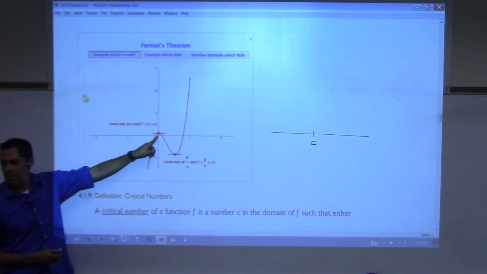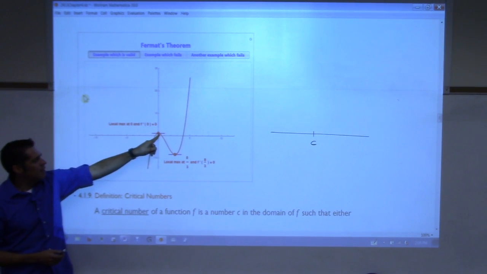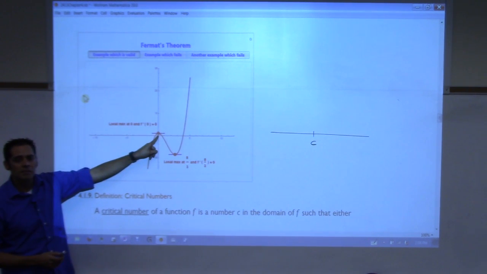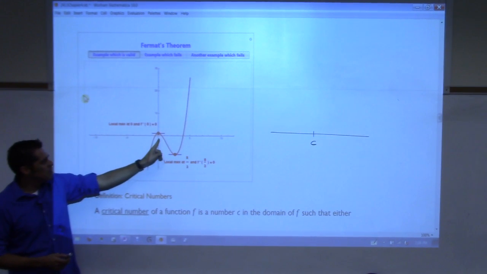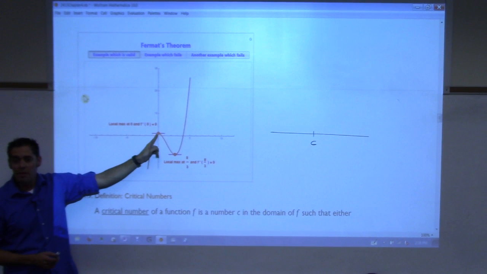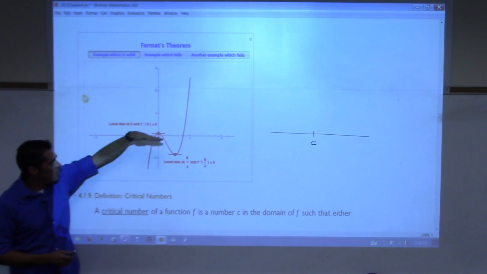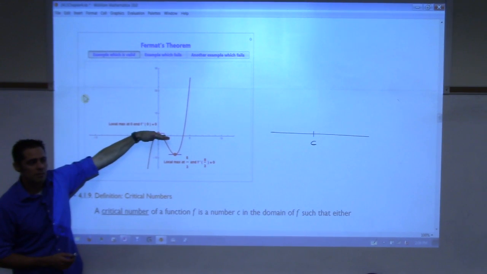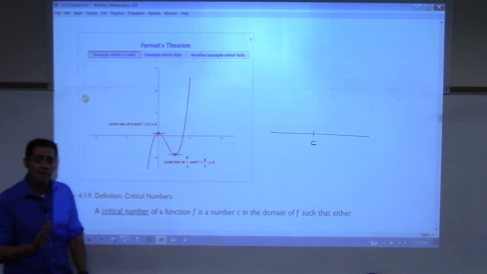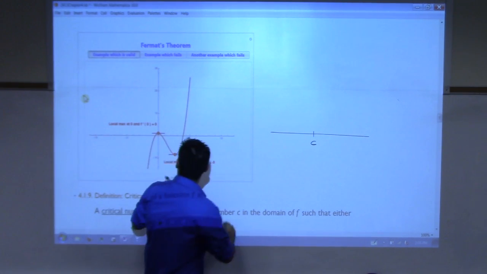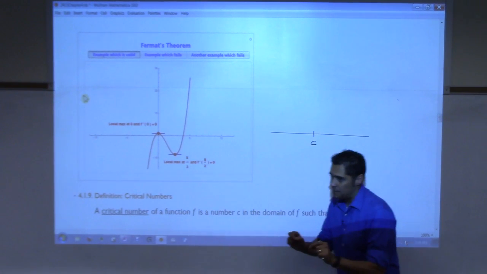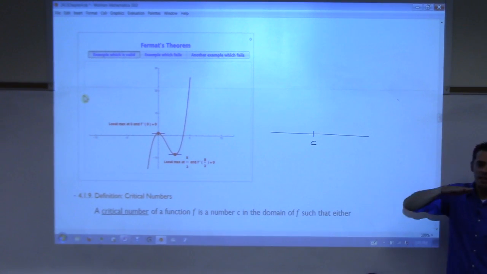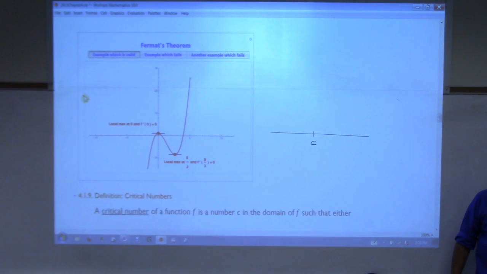All right. Does the derivative exist there? Look at the picture. It's nice and smooth, right? And what is the derivative? 0, flat tangent line, right? The theorem says if you have a local maximum or a local minimum and the derivative exists, then the slope of the tangent line there has got to be 0.